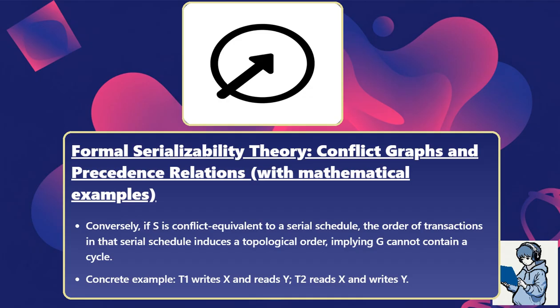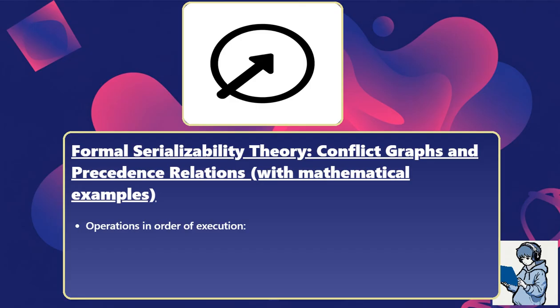Concrete example: T1 writes (X) and reads (Y). T2 reads (X) and writes (Y). Operations in order of execution: Step 1, T1.W(X).